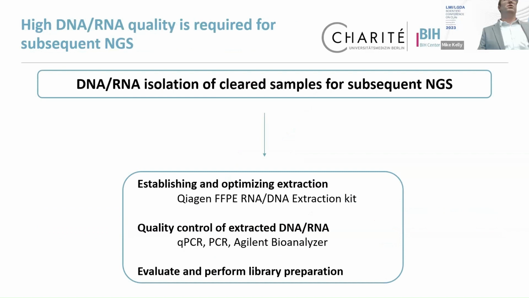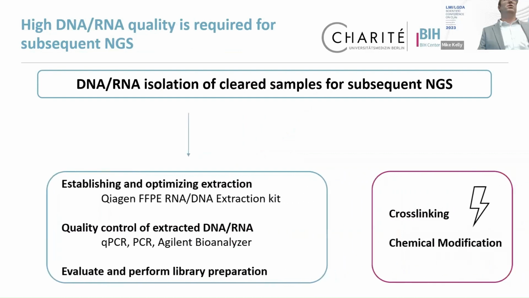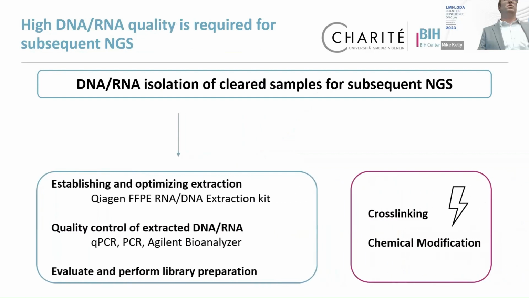We have to perform DNA and RNA isolation, of course, but we need specific quality of DNA and RNA, because otherwise you could not perform sequencing. And as we work with formalin fixed tissue, you always have to keep in mind there's cross-linking, the chemical modification due to the fixation method.